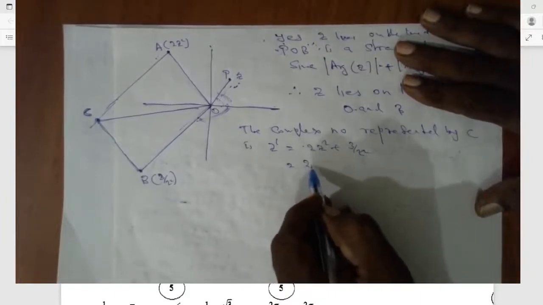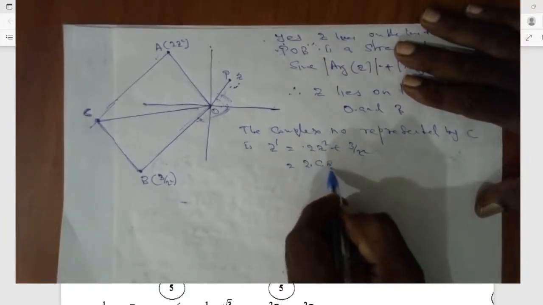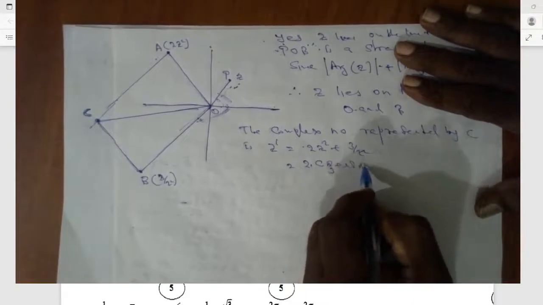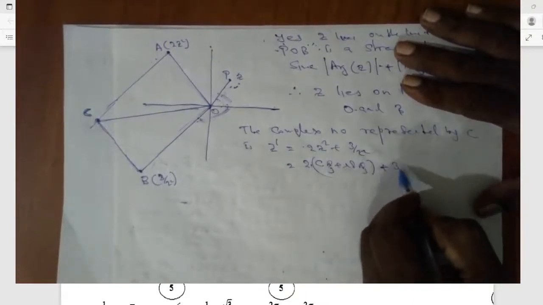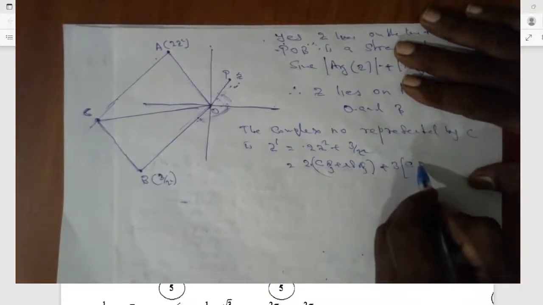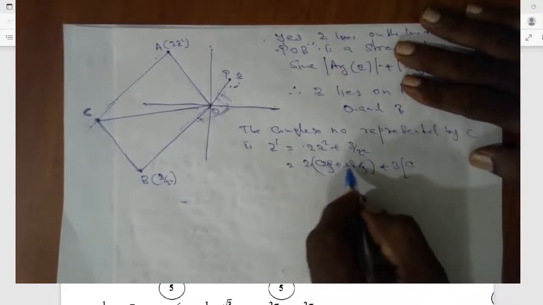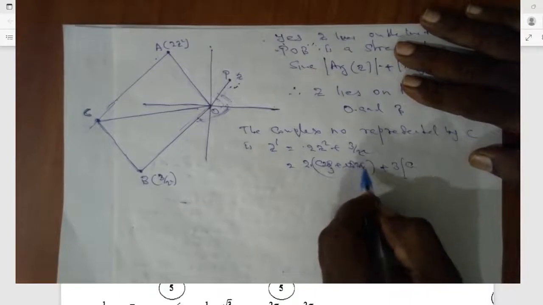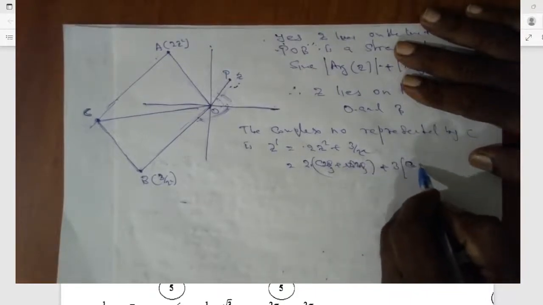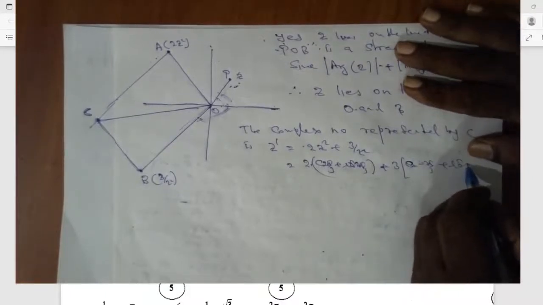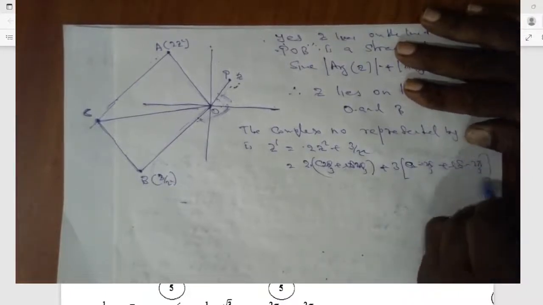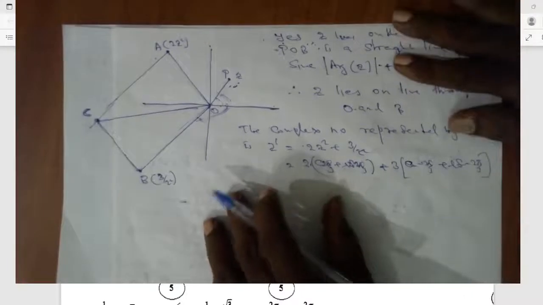That is 2 into cos pi by 3 plus i sin pi by 3, plus 3 times cos 2 pi by 3 plus i sin 2 pi by 3, plus cos minus 2 pi by 3 plus i sin minus 2 pi by 3. Right?